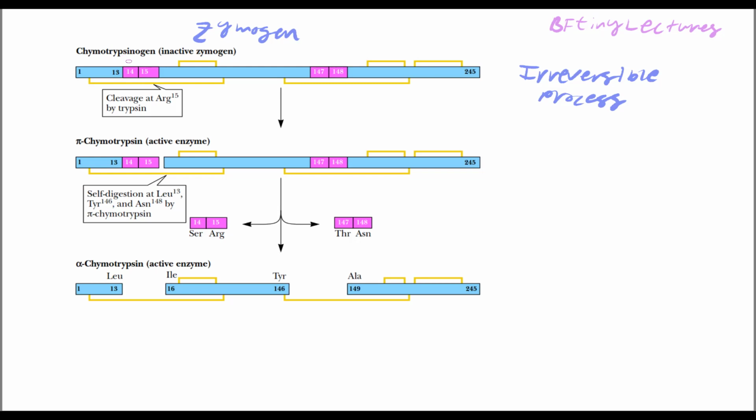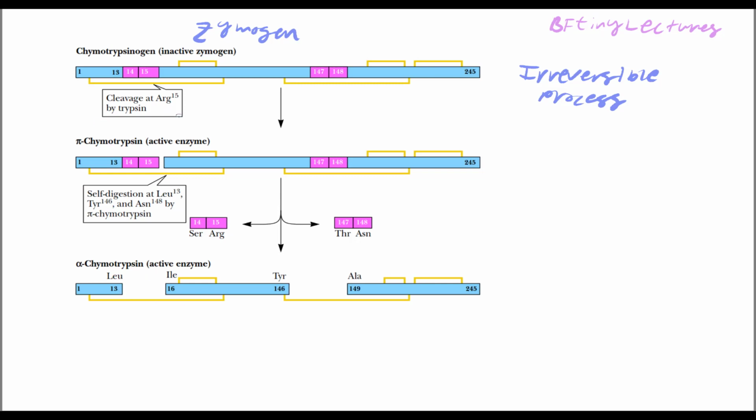Okay, so now whenever you cut that, you're going to have some reactions going on, and it's going to keep getting cut and cut again and again. Essentially, you're going to have the alpha chymotrypsin as a product, and this is going to be the active enzyme.